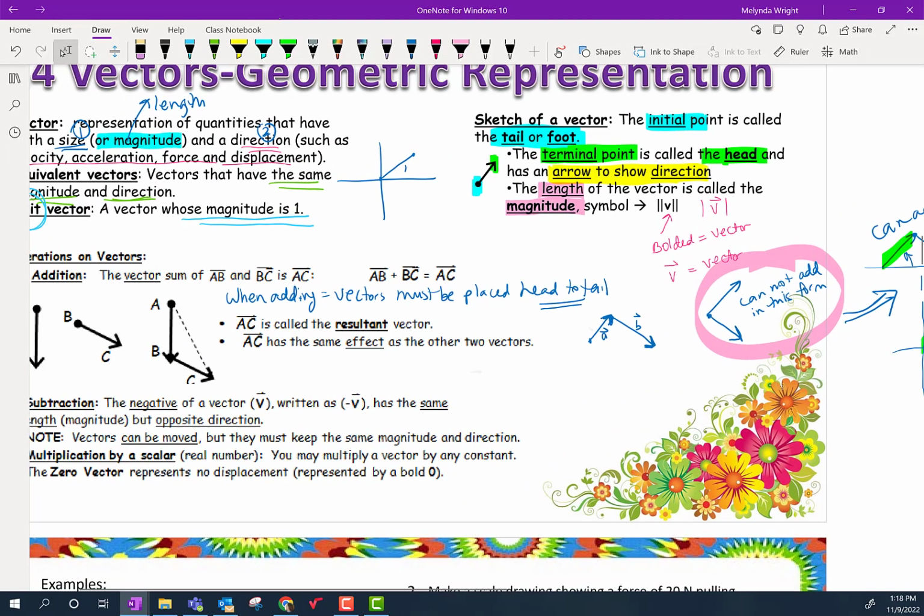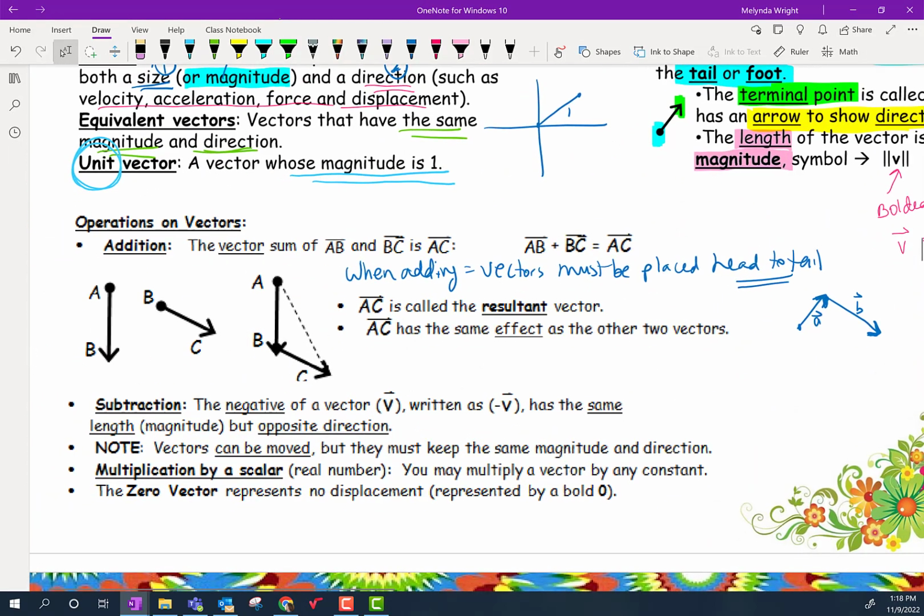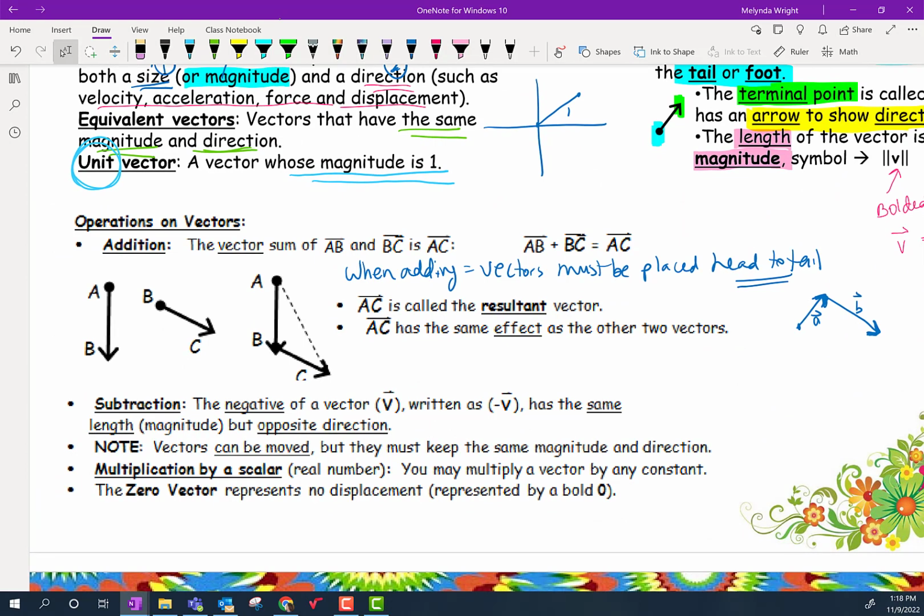Okay, so let's look at what happens when we add two vectors together. Here's vector AB, and we are moving vector BC so that they line up properly, so they're head to tail.